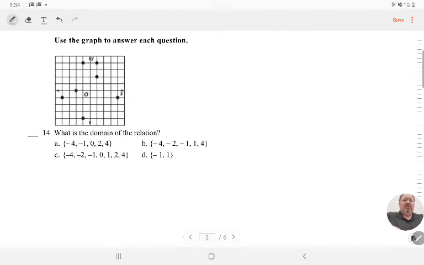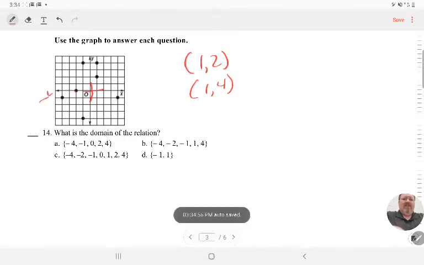14, what is the domain of the relationship? Again, you could label out all of the coordinates to find out what all the x values are. Or I can just go through all of my x's. This is my origin, so I know 1, 2, 3, 4. I know there's a -4.